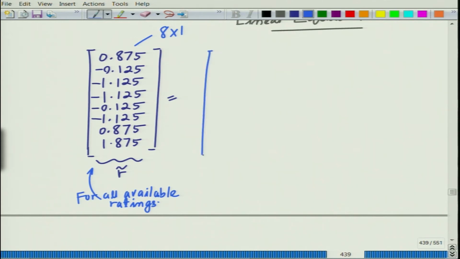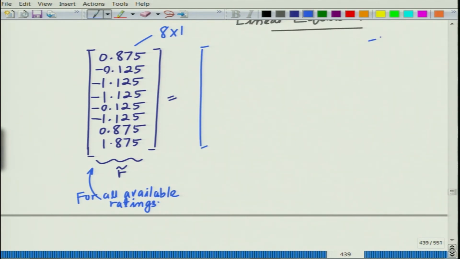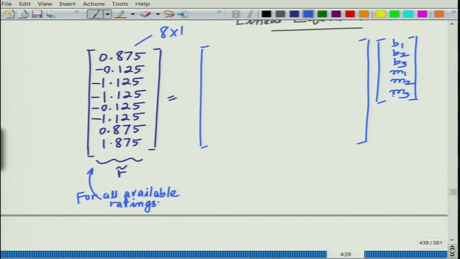And this you can write using this matrix C, which we are calling the matrix C. This I can express in terms of the user biases and movie biases, that is B1, B2, B3, M1, M2, M3.